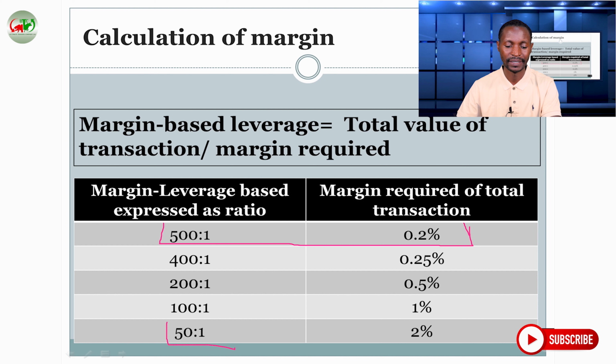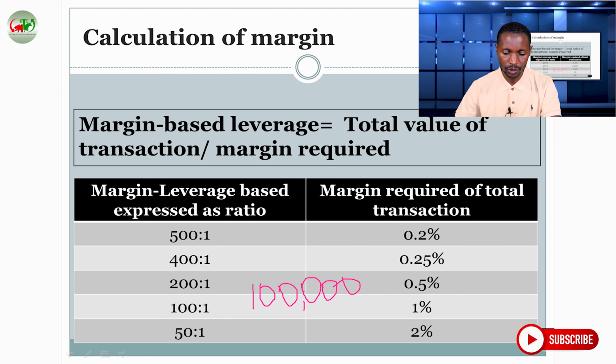Leverage of 50 over 1 is a leverage of 2%. Let's see an example. For example, if you want to trade a standard lot size of US dollar for this particular broker, we have seen that you need a margin of 1%, which means that you will need an account of about $1,000.